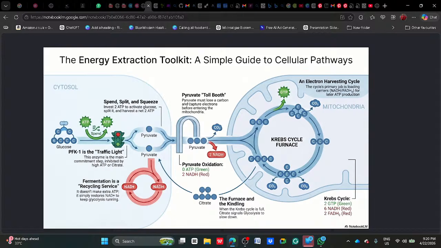Now, this is where you have the pyruvate, and you have two molecules of this pyruvate. The pyruvate must lose a carbon and capture what is called the electron before it will be able to enter straight into the mitochondria.